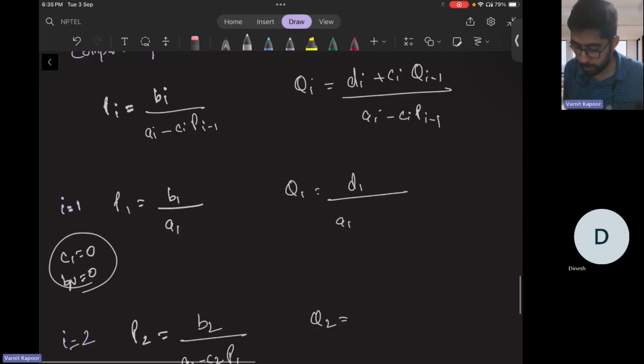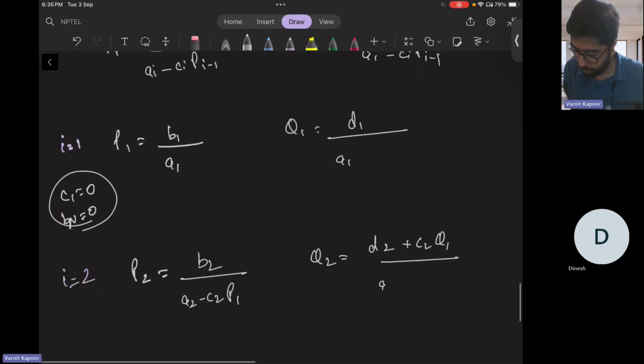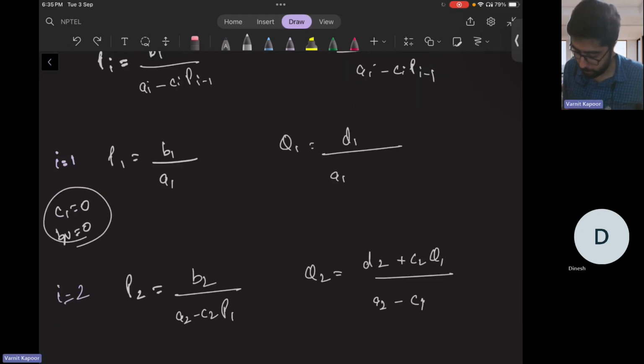Similarly, Q2 will be D2 plus C2 Q1 upon A2 minus C2 P1. So you know Q1 and P1, you again got the Q2.